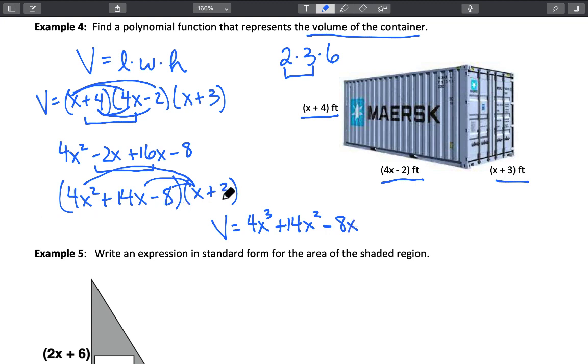And now we've got to distribute a 3 to all three of those terms, and that's going to give us plus 12x squared plus 52x, and then minus 24. All right, once you combine your like terms, you will now have the volume of this container as a polynomial expression.